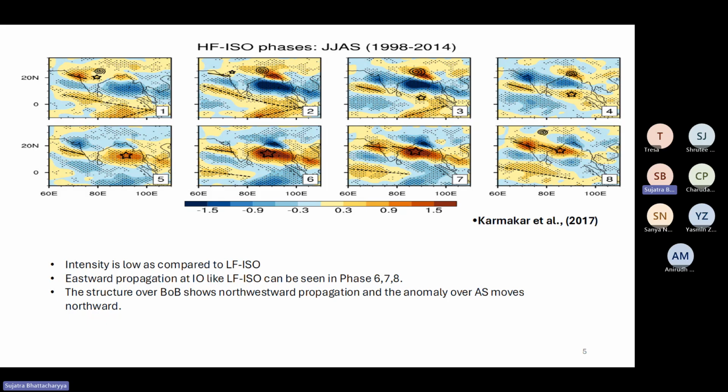And there is a poleward propagation along with it. If you see this star, it goes here, and then there is a poleward propagation. And also there is an eastward propagation in the subtropics region here. If we look at this spiral, there is also a maximum positive anomaly which goes eastward along this region.